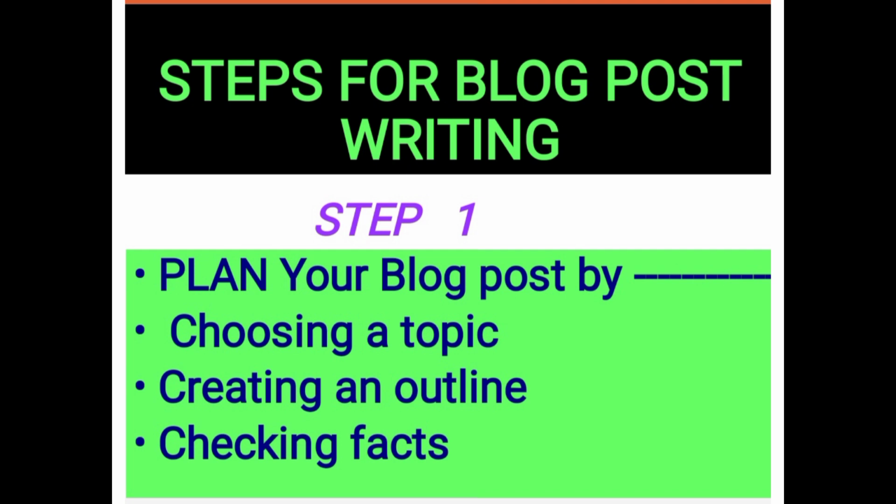For the environment, you should have a rough idea about trees, mountains, climate, oxygen, ozone layer, biodiversity. These are the words that you can include in your outline, because this is the rough idea, and you can create your blog with the help of it.